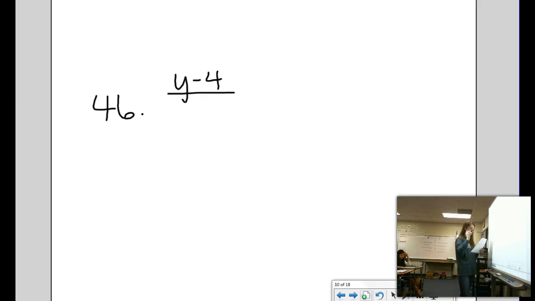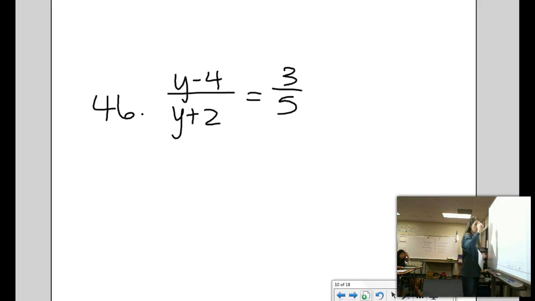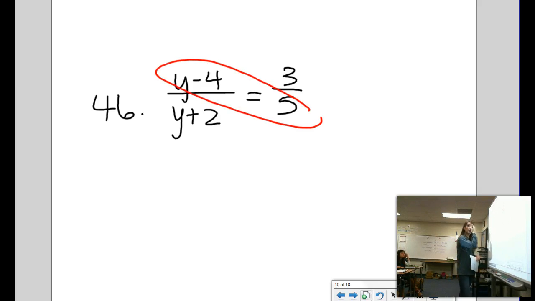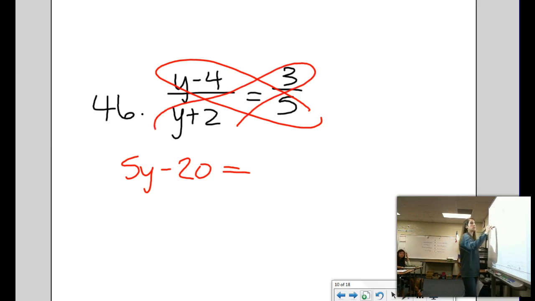So we're going to have y minus 4 over y plus 2 equals 3 over 5. Now that it's in fraction form, we can cross multiply. Make sure you distribute. 5y minus 20 equals 3y plus 6.